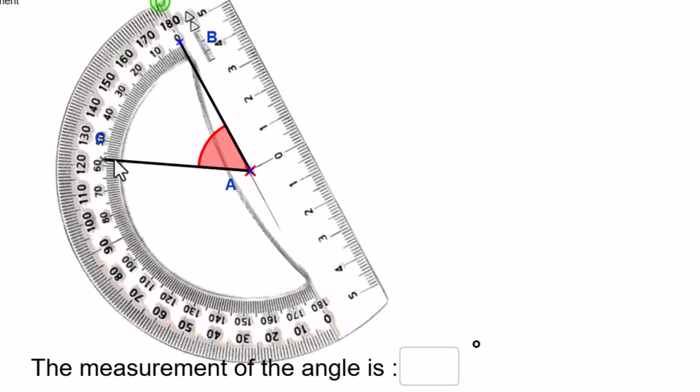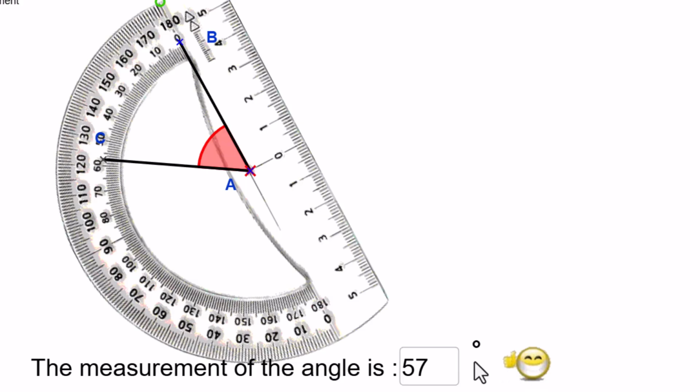I'm getting something very close to 60. So let me see. Okay, no, it's not 60. You can see 50. This is 55, 56. I'm getting 57. Let's type and see. If I put 57 here, let me see. Correct. I got this one perfectly.